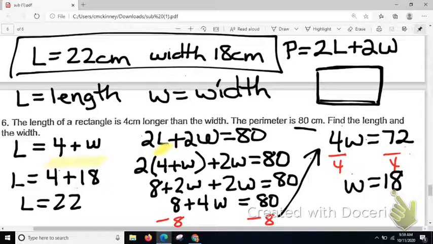And if I would check that, if this was 22 and this was 22, and this is 18 and this is 18, if I added up all the way around, would it add up to 80? Yes, it would. It would not have if I had left the width at 20. So, there we go.